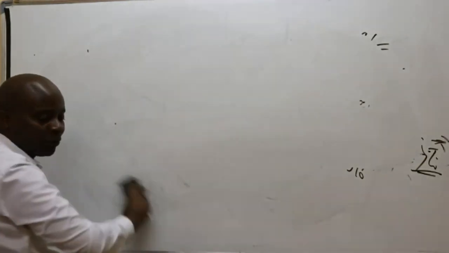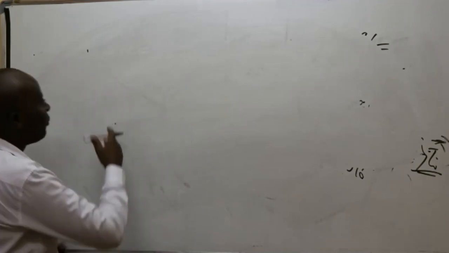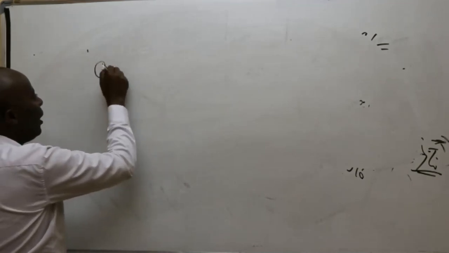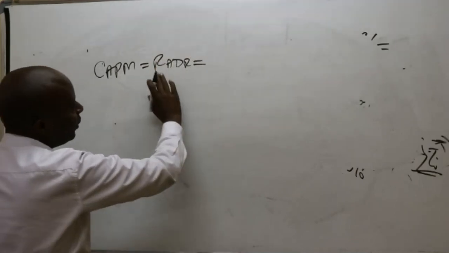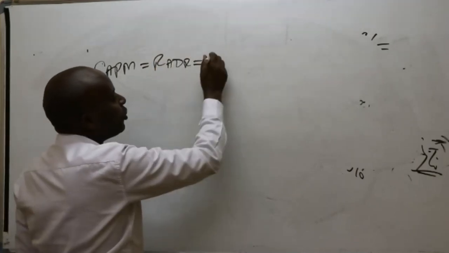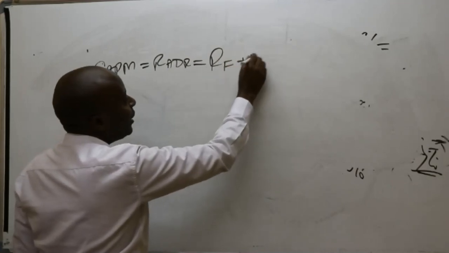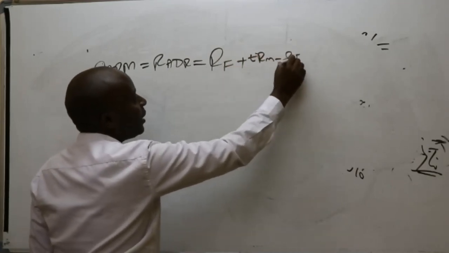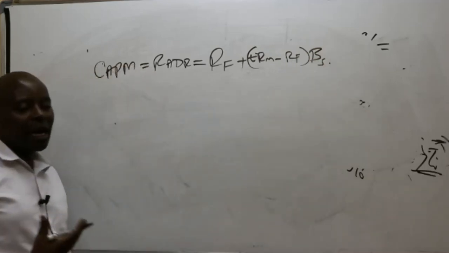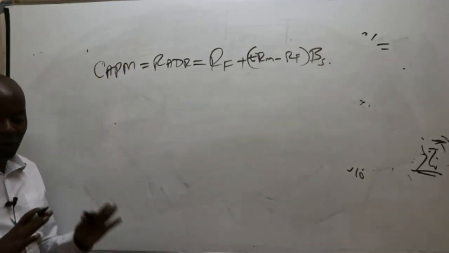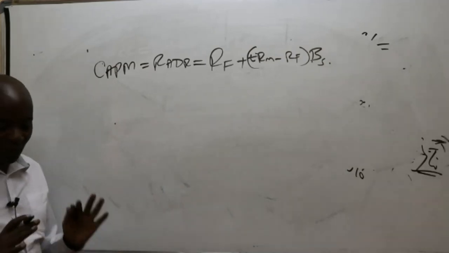So CAPM's formula, ladies and gentlemen, remember CAPM's formula. This should be the same as RADR, which will be equal to risk-free plus the market premium minus risk-free multiplied by beta of our security, beta. Remember CAPM, beta. CAPM is also another area that AFM examiners really love.